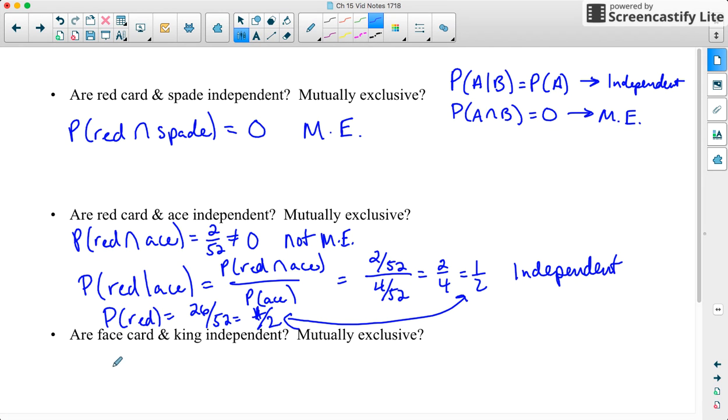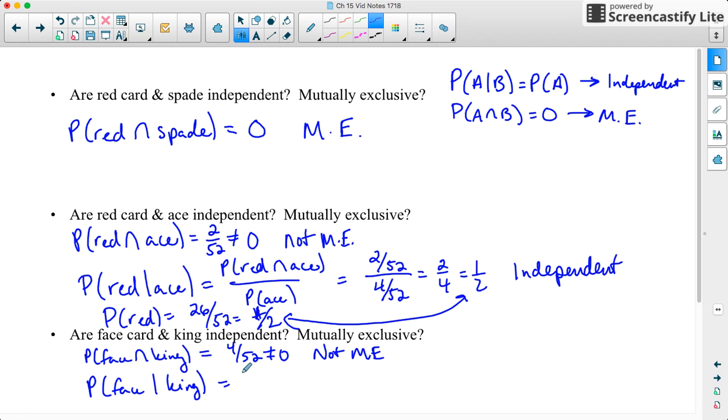All right. Now let's try the last one. Face card and king. Can face cards and kings both occur at the same time? Sure. Probability of face and king: there are 4 face cards that are kings, so 4 out of 52, which does not equal 0. Not mutually exclusive. So let's do the probability of face given king. That's the probability of face and king over the probability of king.